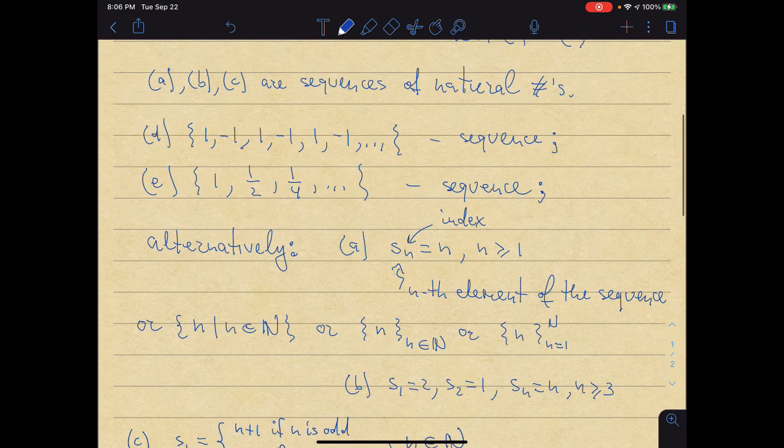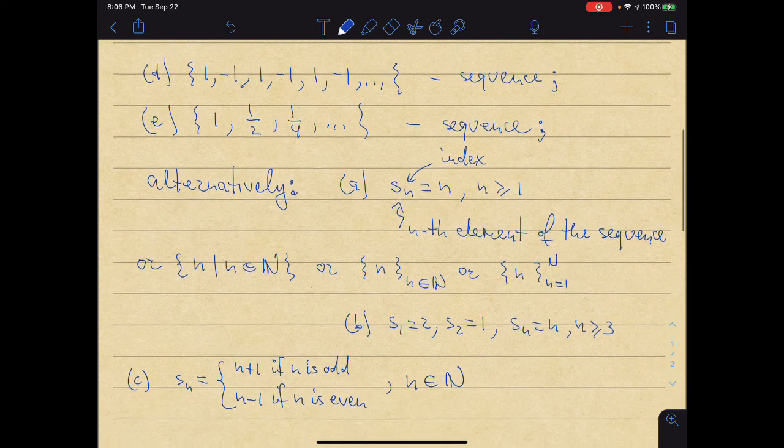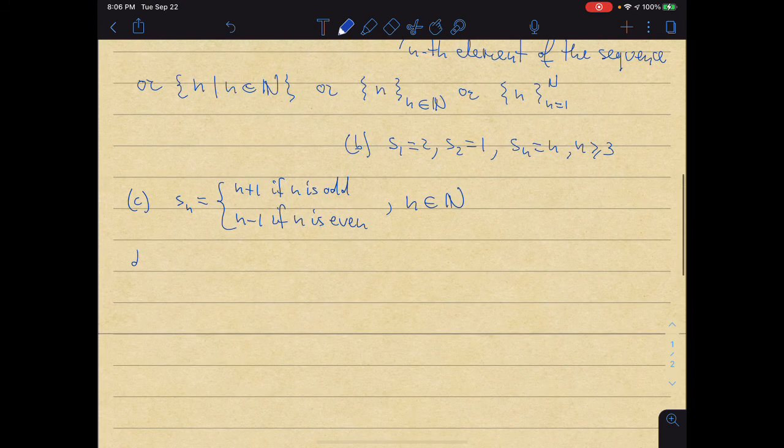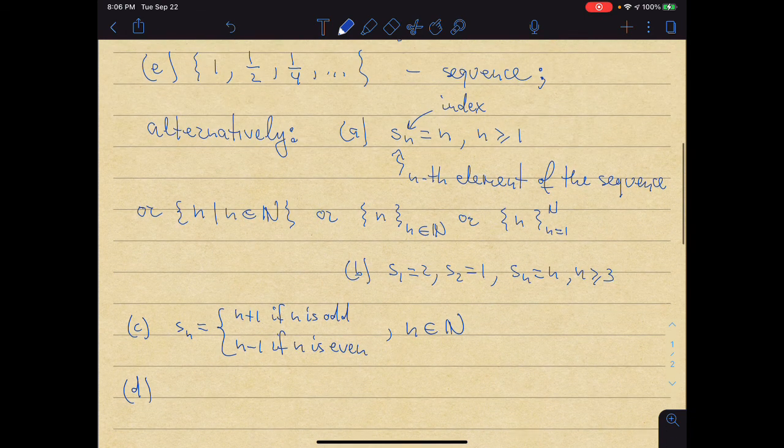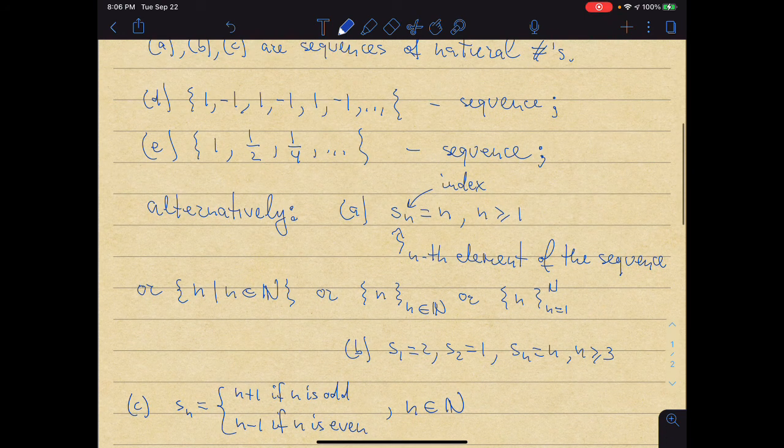What was d? d is 1, minus 1, 1, minus 1. Can we see how Sn depends on n in case d? Well, how do I get minus 1 and 1? Both of those are powers of minus 1, right? So if I take minus 1 to an odd power, I'm going to get minus 1.